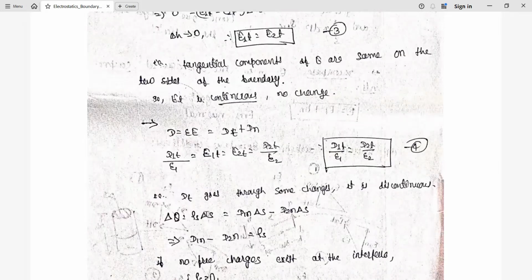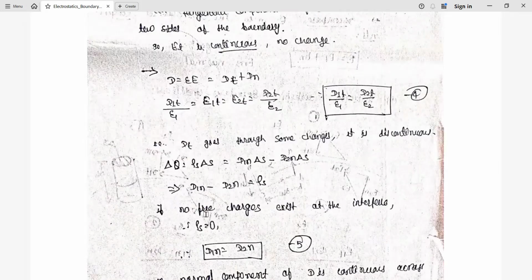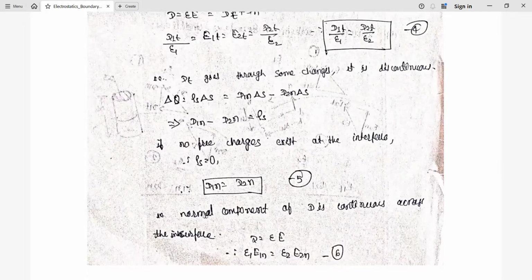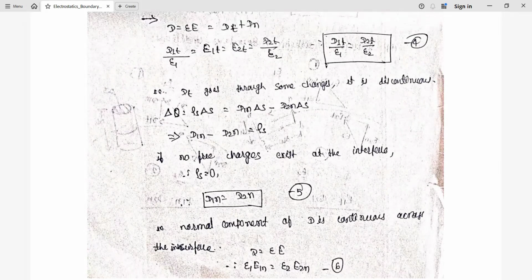Now, if we talk about the flux density in this dielectric itself, again we have to take the components, and on that basis we are going to analyze. Flux density, you already know, is epsilon into E, and it also has tangential and normal components. And at the interface we got E1t equal to E2t.